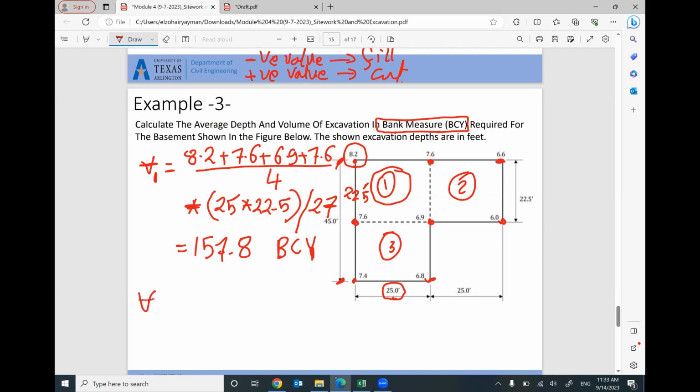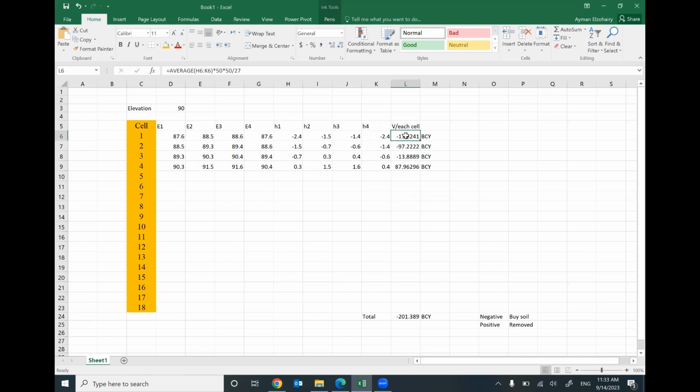I need to do the same for cell number 2. Like we did here, we have the volume for cell number 1, the volume for cell number 2, the volume for cell number 3, and so on.